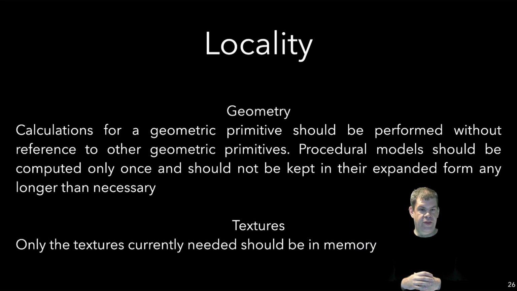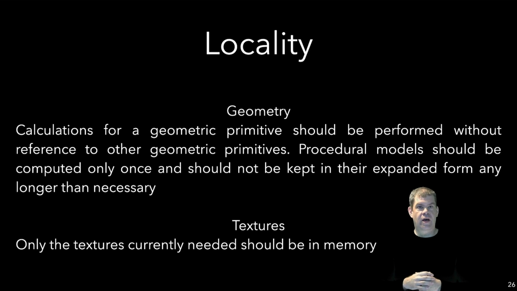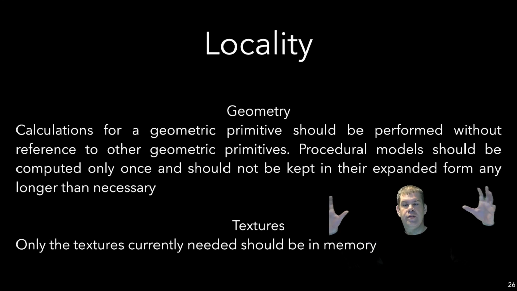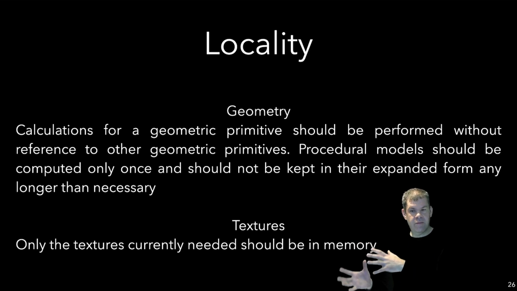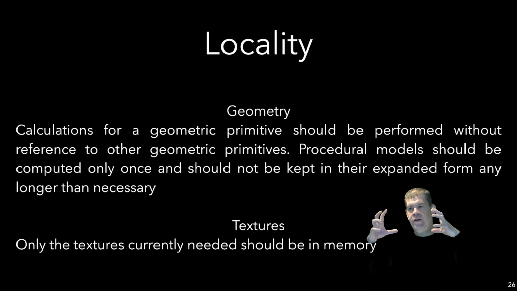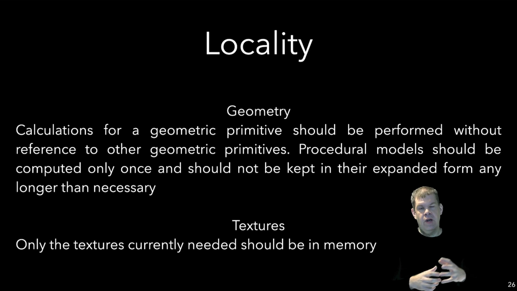The same is true for those procedural models: fractals, similar things, these amplification primitives. We don't want to work on this large thing. And the same is true for textures as well. The idea of locality is that we have very little memory compared to what we want to do with it.